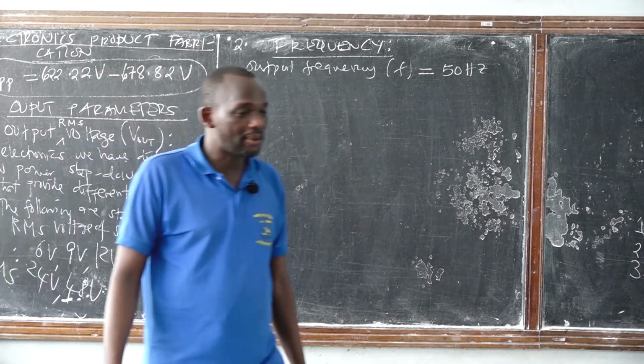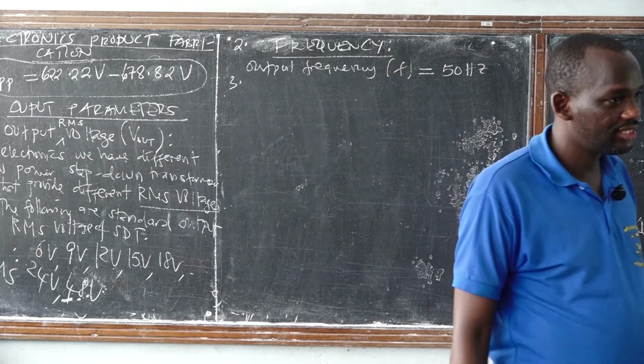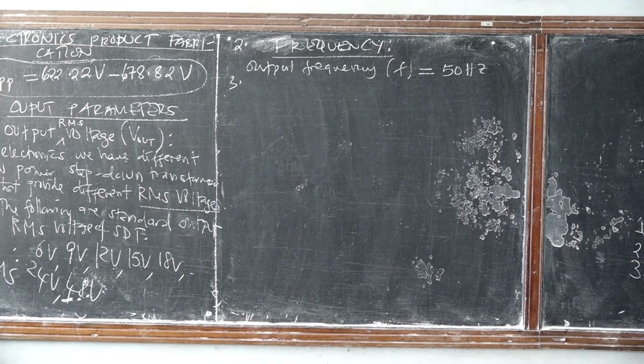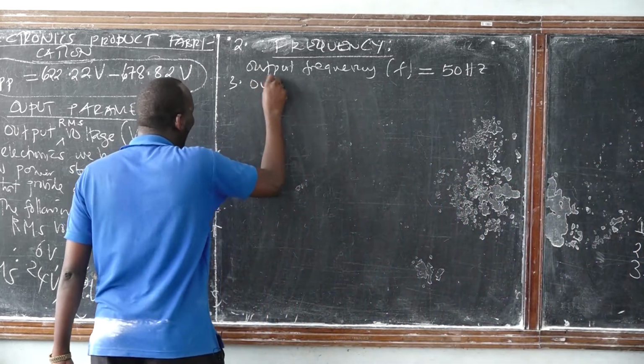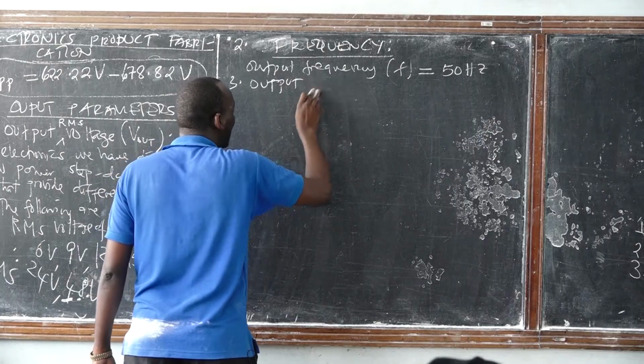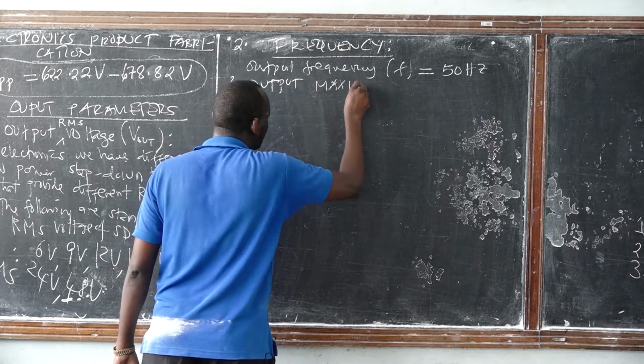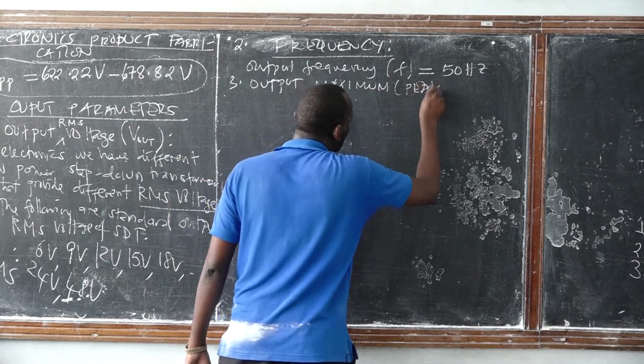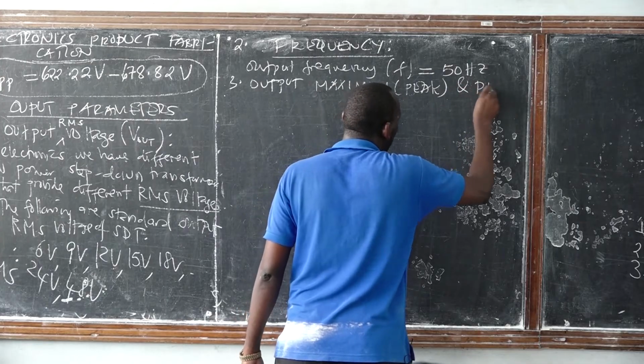The third parameter is what? Maximum, or what? Also known as peak. The output maximum, or peak, and peak to peak.